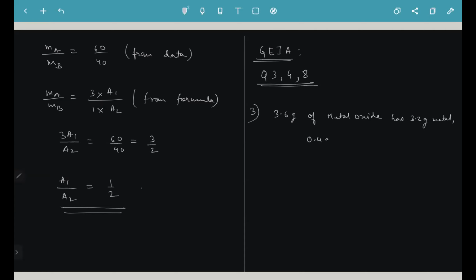The remaining 0.4 gram will be oxygen. We can say that the ratio of mass of metal upon mass of oxygen will be 3.2 upon 0.4, that is equal to 8:1. Atomic weight of metal is 64. The simplest formula of the oxide will be?